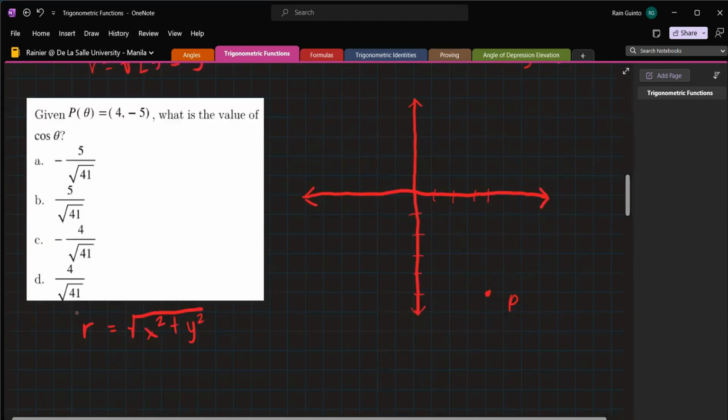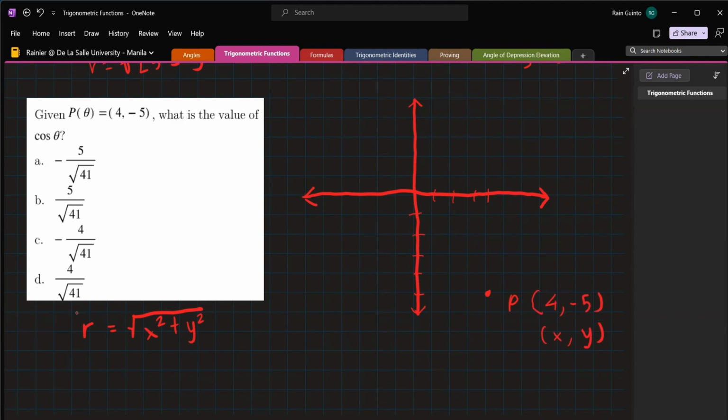Our point P is (4, -5), so this is x and this is y. Square root of 4 squared plus -5 squared gives us square root of 16 plus 25 equals the square root of 41. That means this r, the distance of the point P from the origin, is equal to square root of 41.